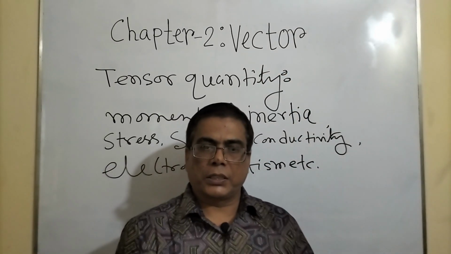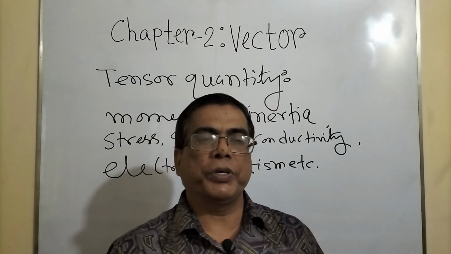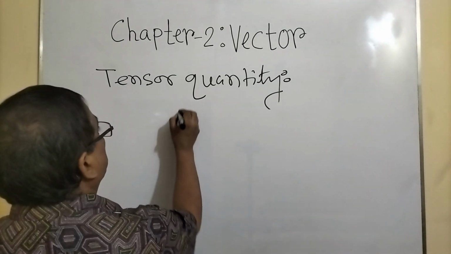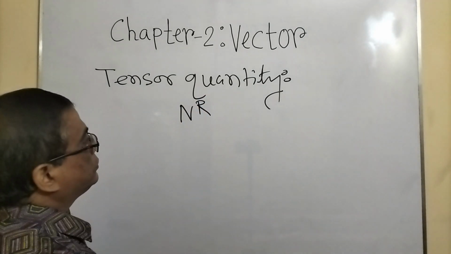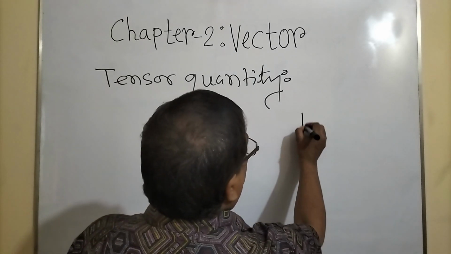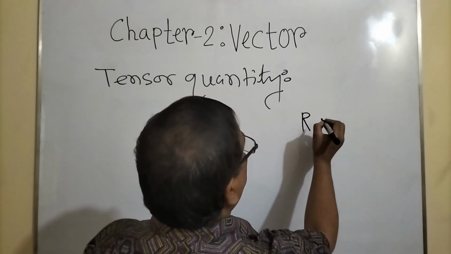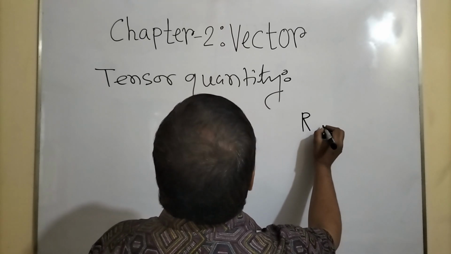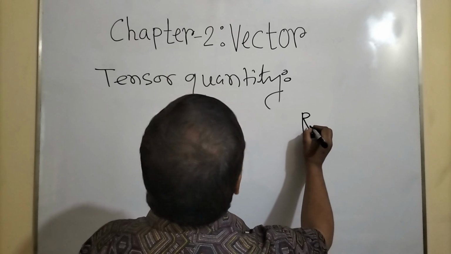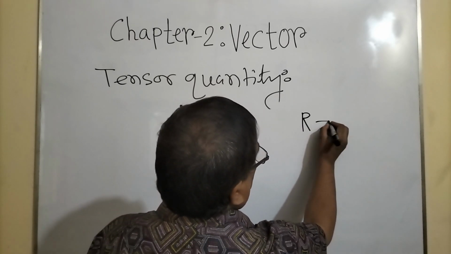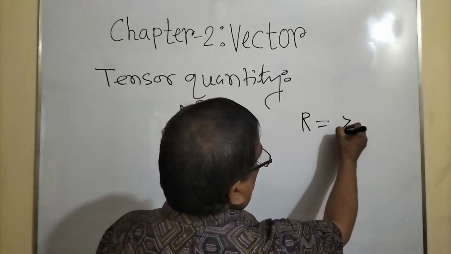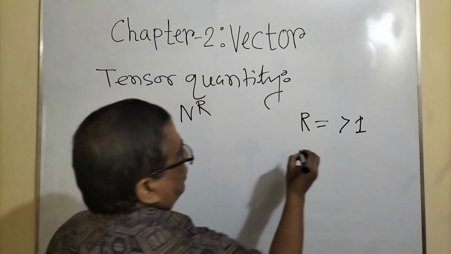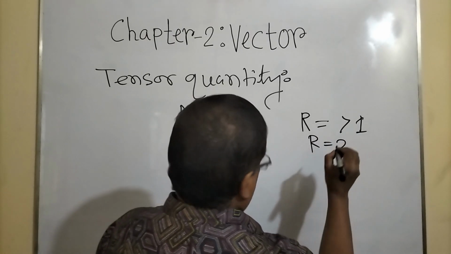To represent a tensor quantity, how many numbers are required, we can calculate by the formula n to the power r. Here r is the rank or order, that is the number of directions of the physical quantity, equal to or greater than 1. Let r equal 2.